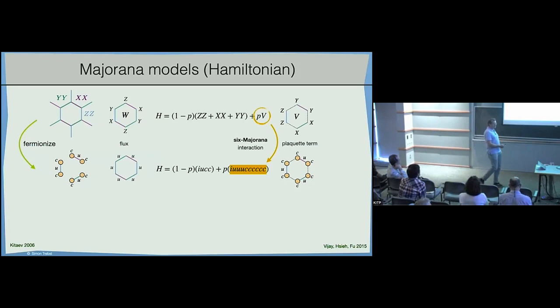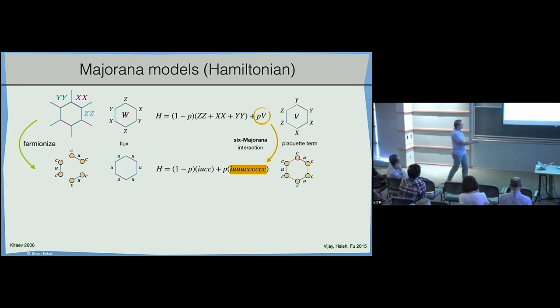Let's get some intuition about what these operators do, and for that we go back to the Hamiltonian model that we know very well. We know that the Kitaev Hamiltonian, with its bond interaction and this plaquette term, we can fermionize into Majorana fermions. We have our hopping Majoranas, we have fluxes. That's the non-interacting part here.